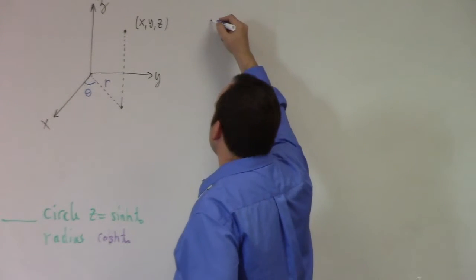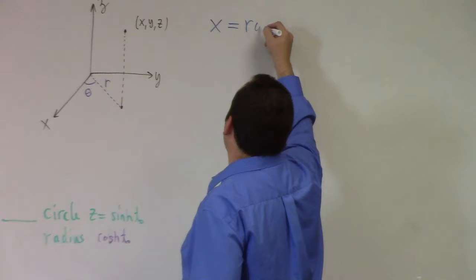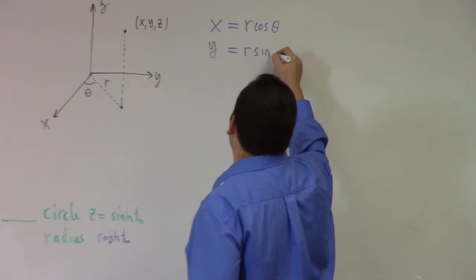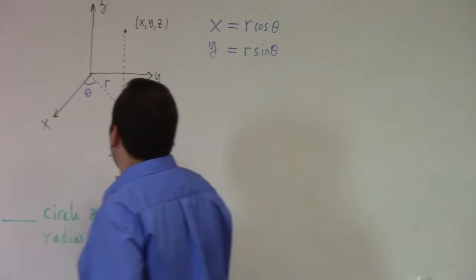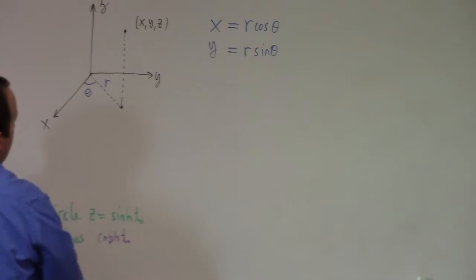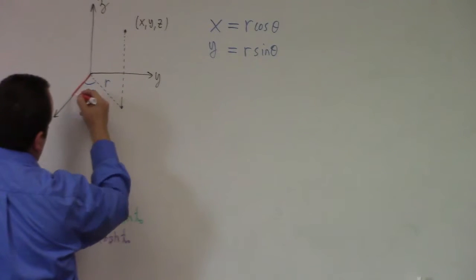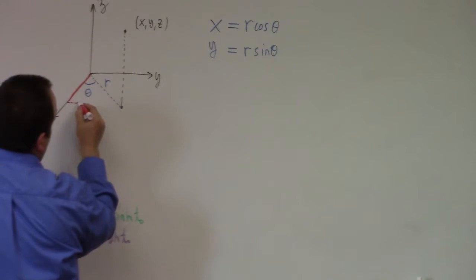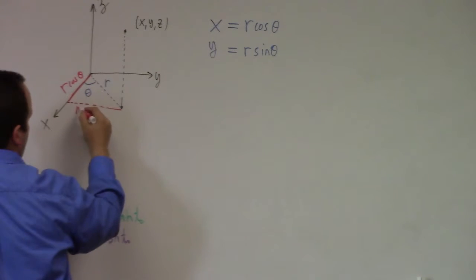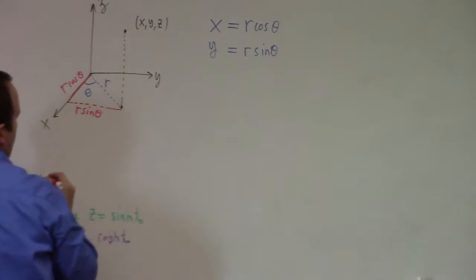So we have x equal to r cosine theta, and y equal to r sine theta. Those you can see in the picture. If you look here, r cosine theta is this piece and r sine theta is there, right?